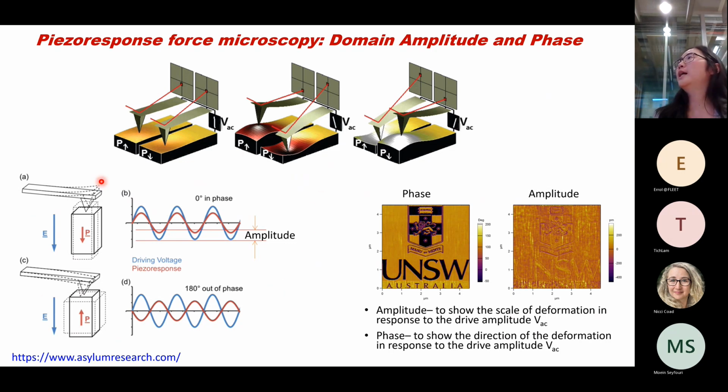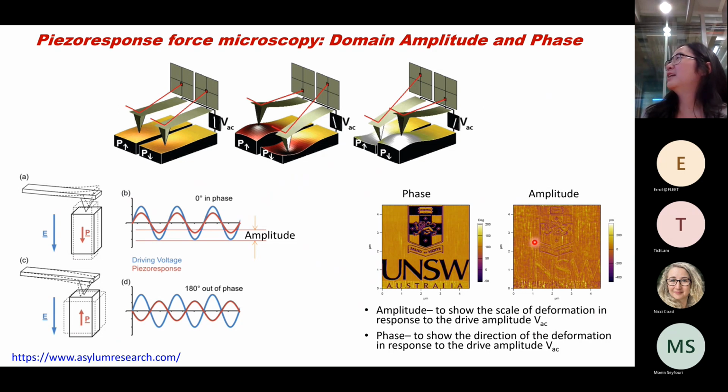By extracting this in-phase and out-of-phase information, we can get phase images from the PFM, which show two opposite contrasts. These different contrast colors show that the two areas have different domain structures.